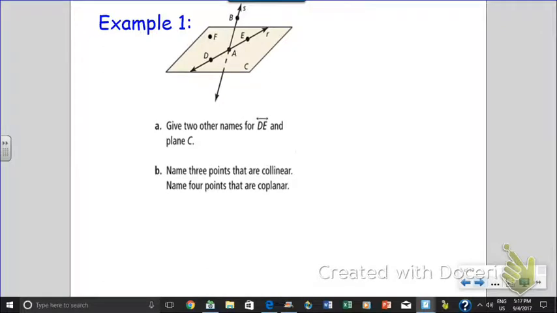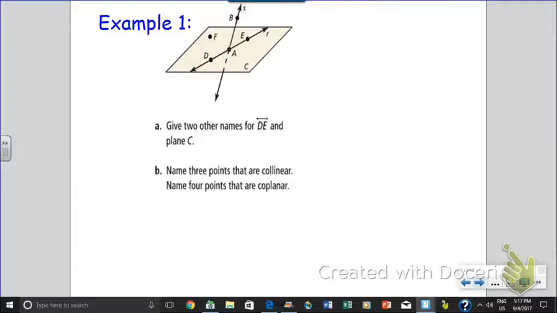We'll look at some examples next. Give 2 other names for line DE and for plane C. Line DE can have 2 other names such as line ED or line R. Notice there's a little R next to the line. We could also name it using the A that's on the line.